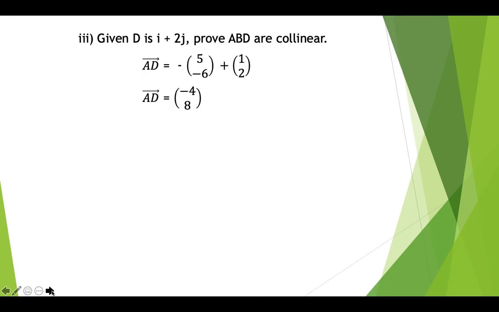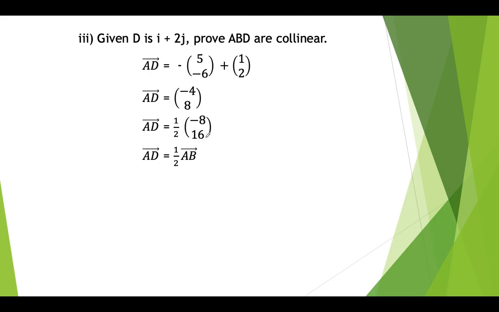Again, to prove they're collinear, we're looking for the same direction. So think about what the direction of AB was, and that was -8, 16. We want to somehow rearrange AD so it looks like it's got the same multiple as AB.